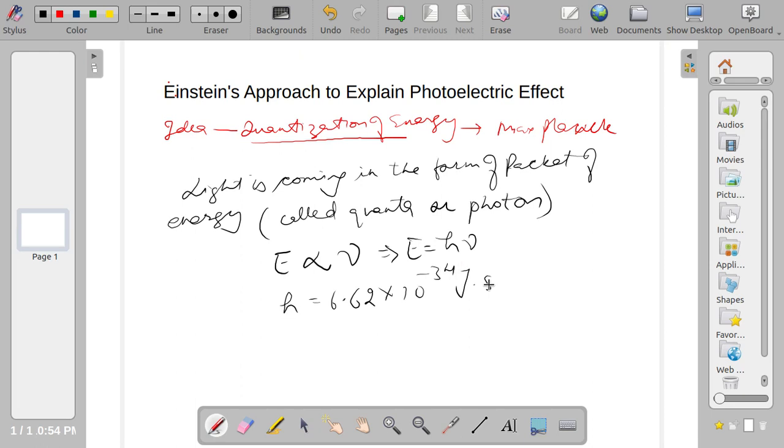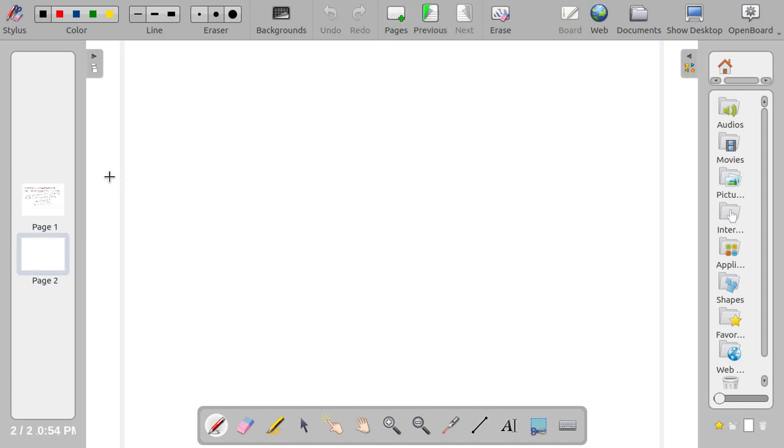So Einstein proposed that when a photon, which is a packet of energy, falls on the metal surface, the whole of the energy is transferred to the electron.